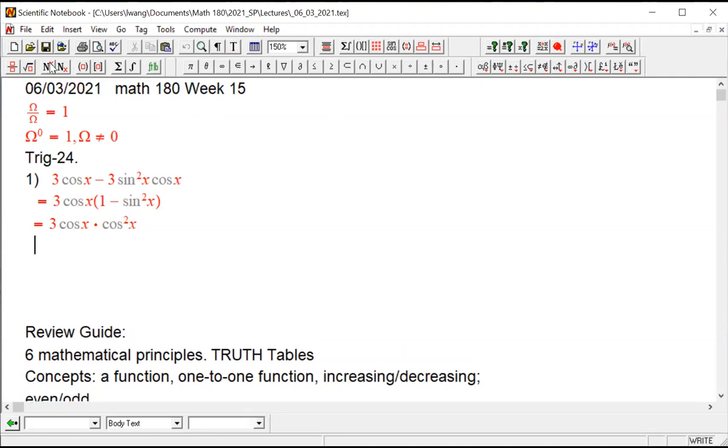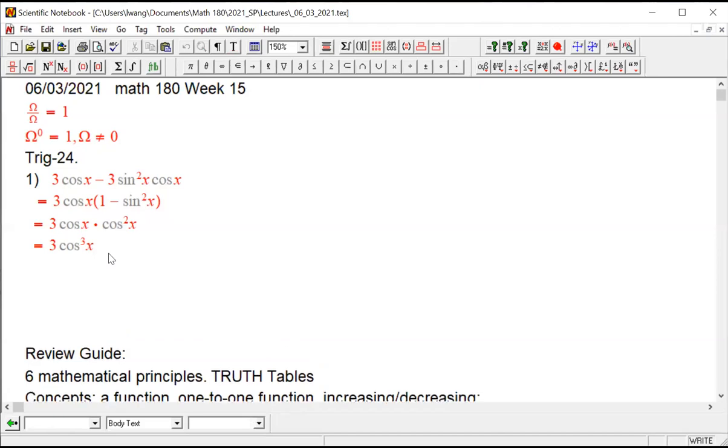So in the end, you have 3 times cosine to the power 3 x. You're done. You see, some very basic tricks. I don't think they should even be called tricks, right? Very basics. Do you want me to take another one for you?